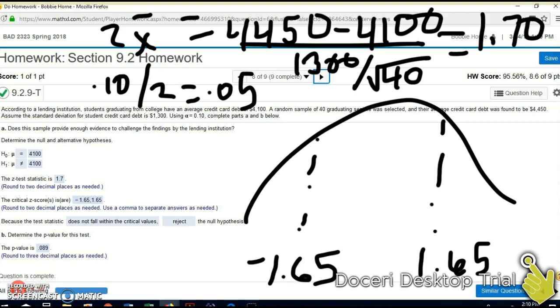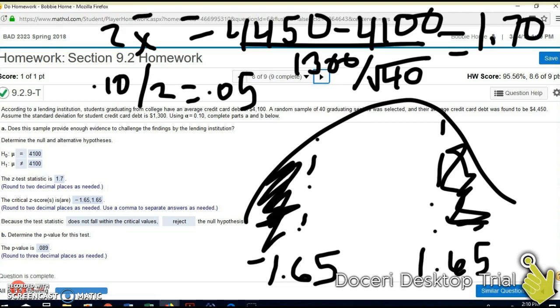So our test statistic, if it's not in between these two values, we're going to reject it. So our test statistic would be over here. So we are going to reject because it doesn't fall within here. We reject. Now the p-value, if you look up negative 1.65, I believe you get 0.004.